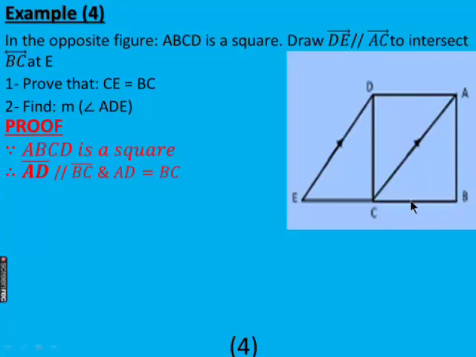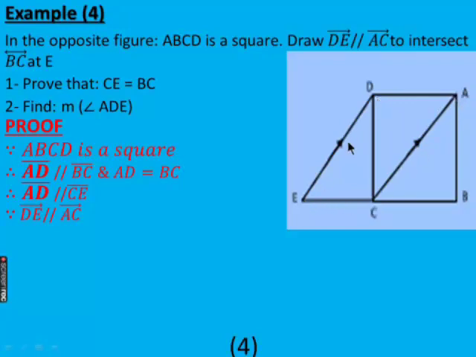Then we can say that AD is parallel to CE also, because AD is parallel to BC, then AD is also parallel to EC. Then we can say that the quadrilateral ACED is a parallelogram.